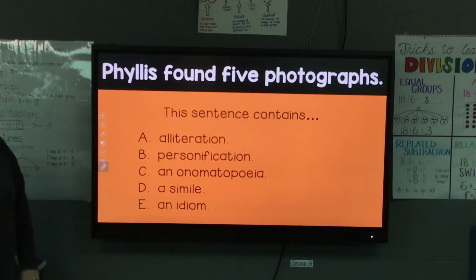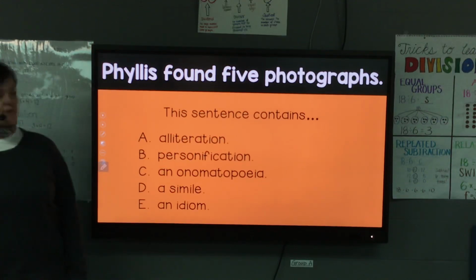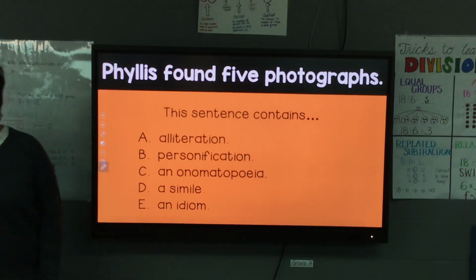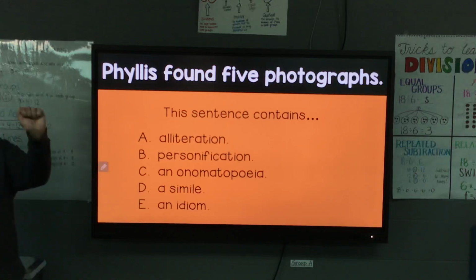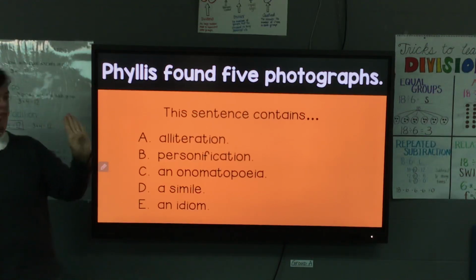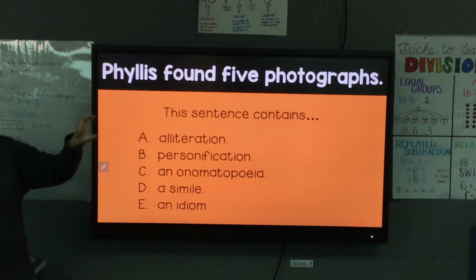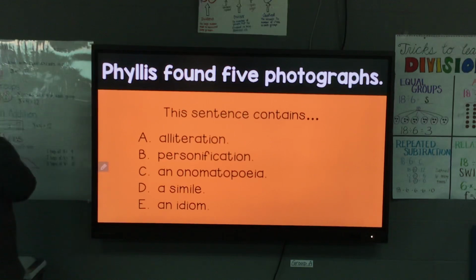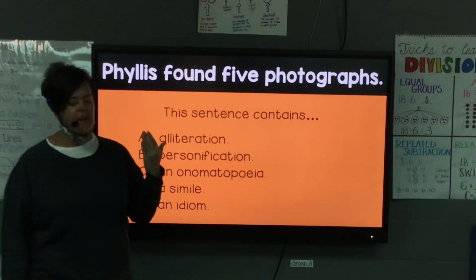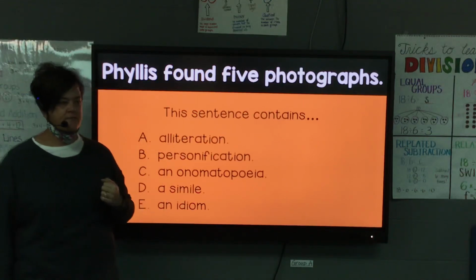All right. Phyllis found 5 photographs. Alliteration, personification, onomatopoeia, a simile, an idiom. Phyllis found 5 photographs.